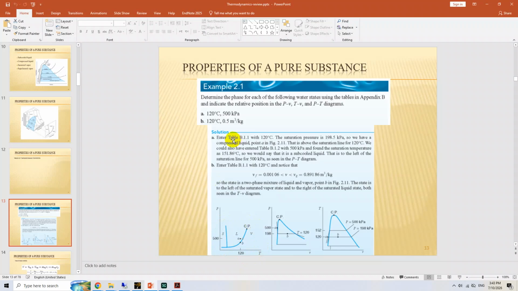The second case is that the temperature is 120 centigrade and the specific volume is 0.55 cubic meter per kilogram.